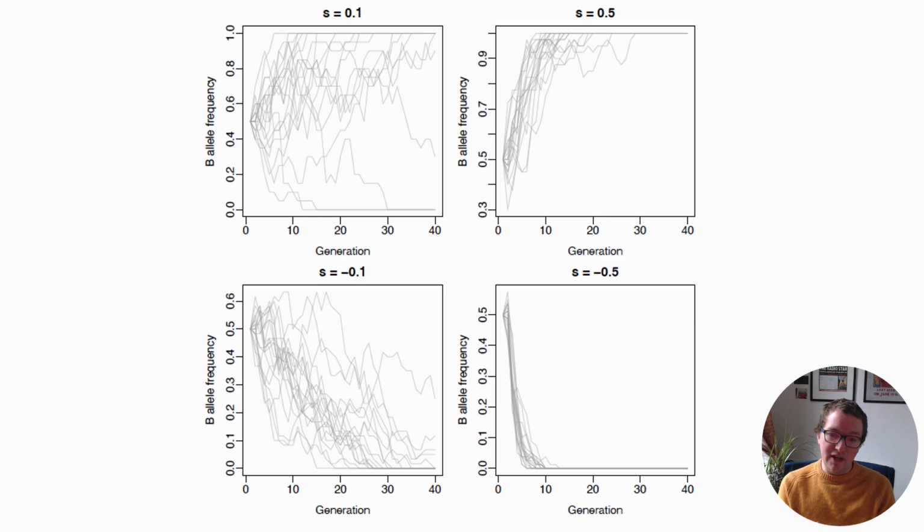And here we've got an example with positive and negative selection. You can see the stronger. So on the top, I've got positive selection and I make it stronger. This allele quickly comes to dominate, but in the left, drift can still happen. So actually it still sometimes gets purged. And then in the bottom, you can see where it's got a negative, so it's less fit and it tends to die off.